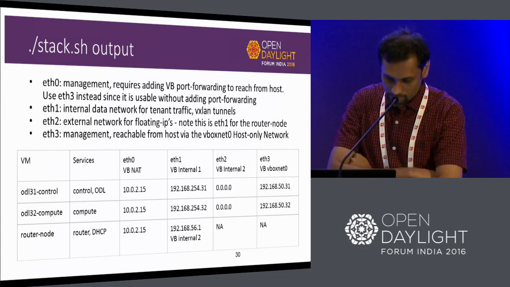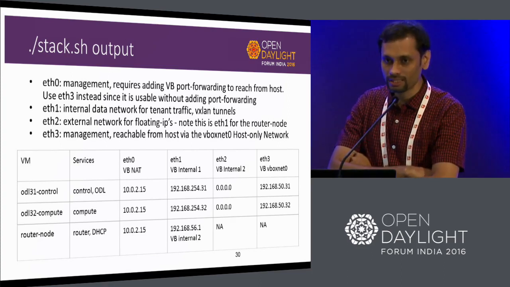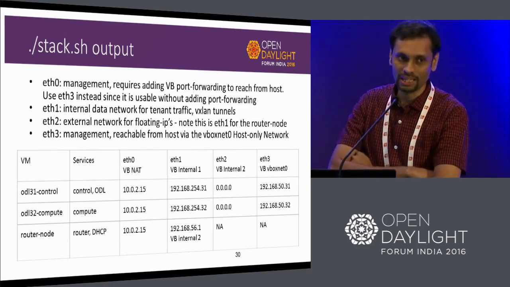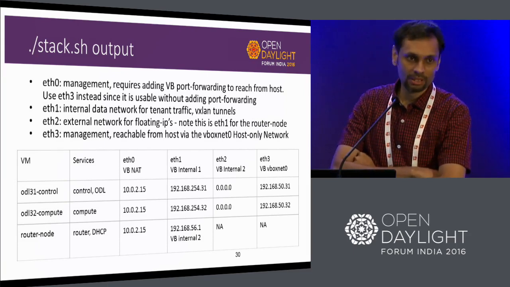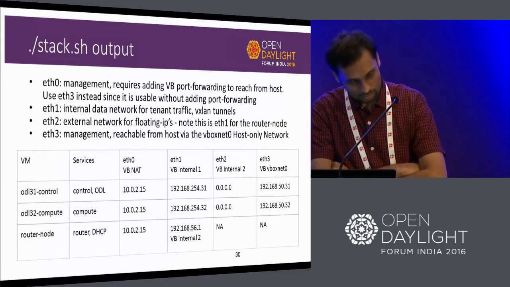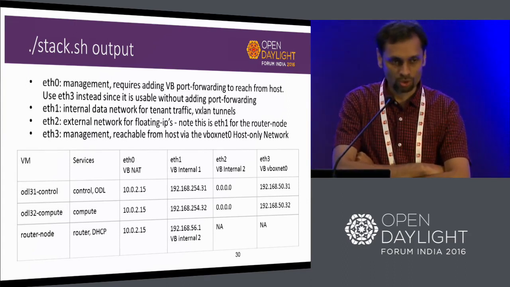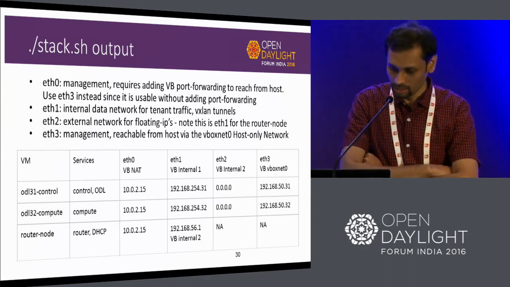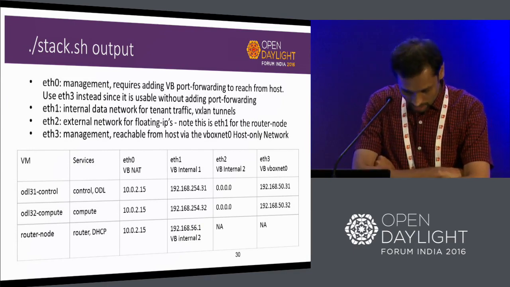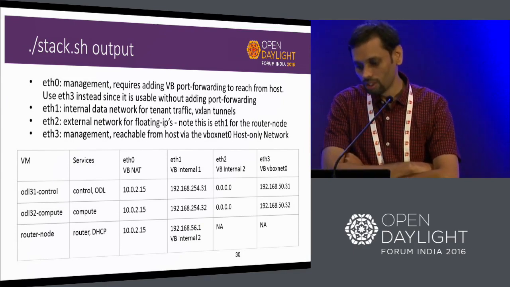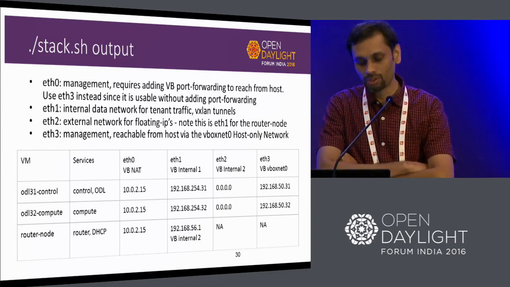ETH2 is again internal, and will be used for public access later dynamically by SNATing. ETH3 is your management network, which uses VBox net 0, enabling you to access your node from the laptop. The same applies to ODL32 compute, and most of it applies to the router node as well.